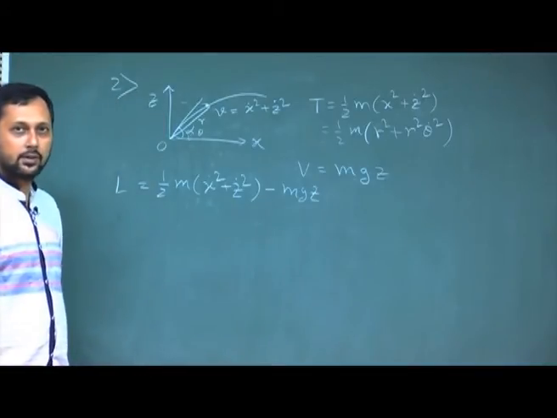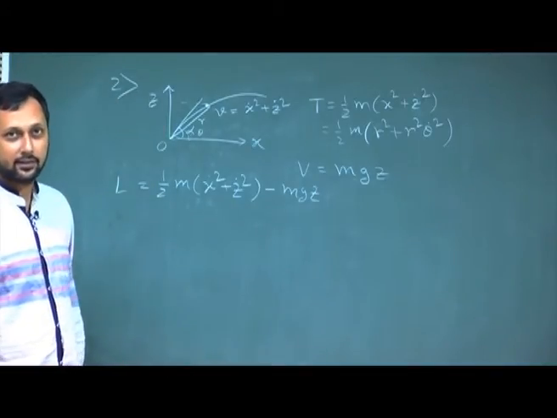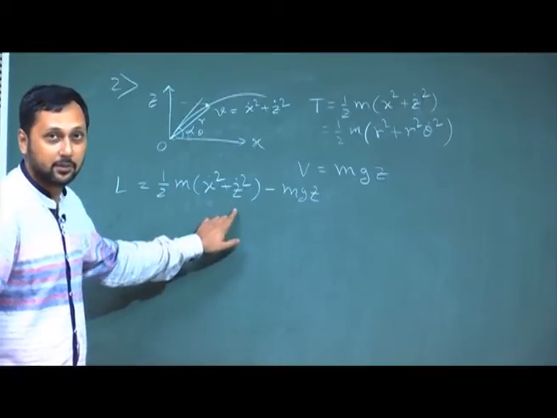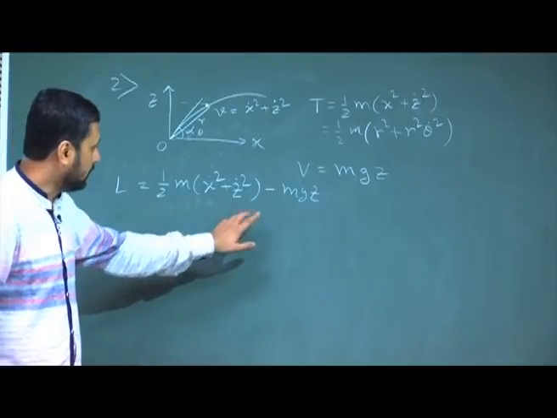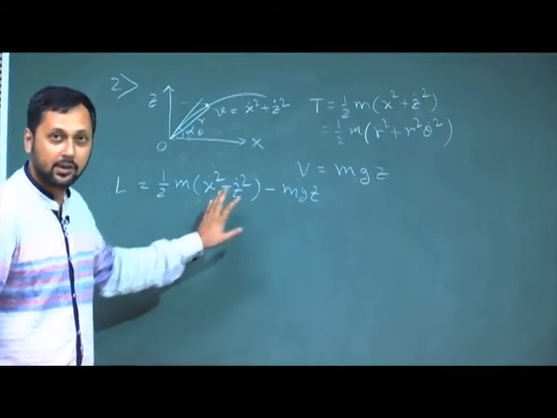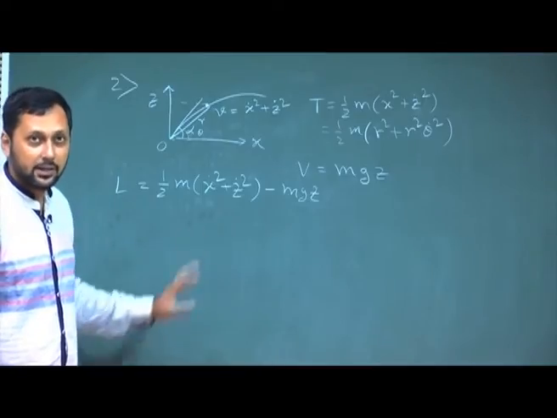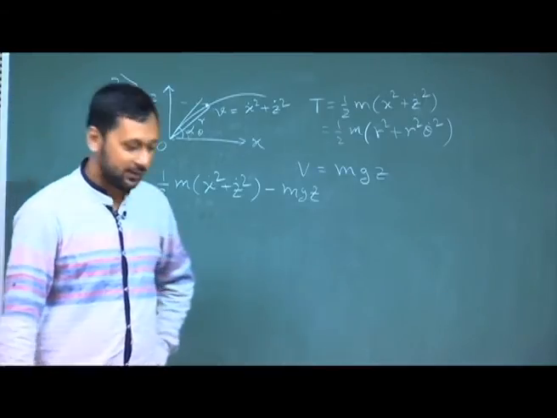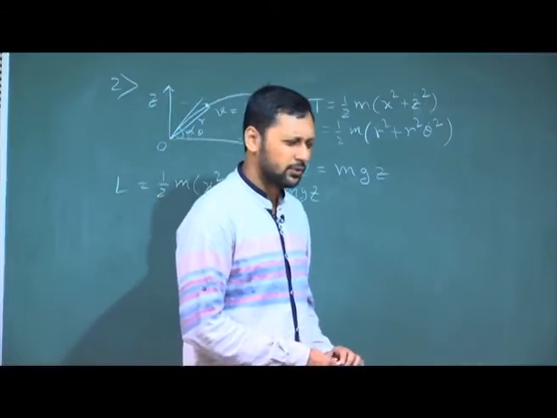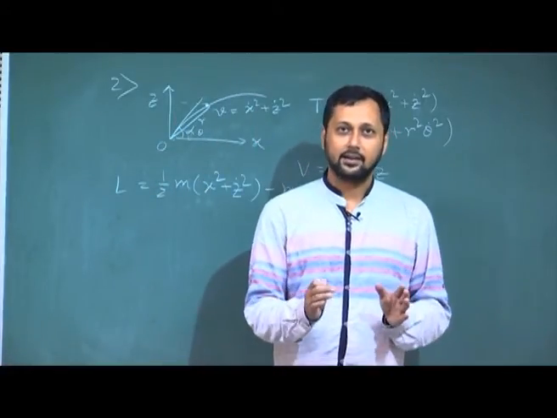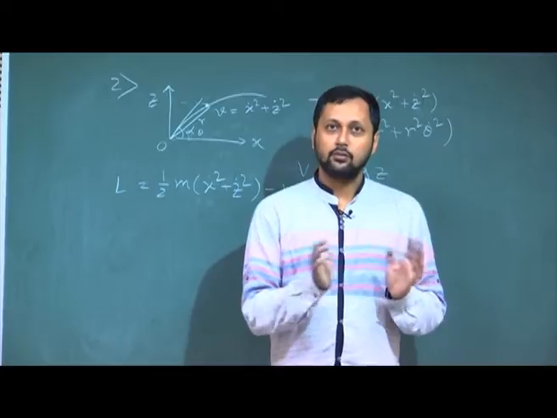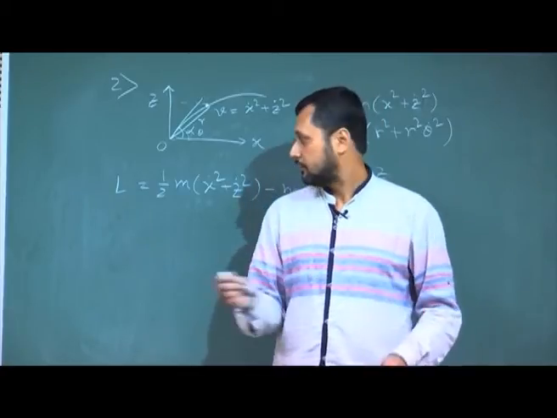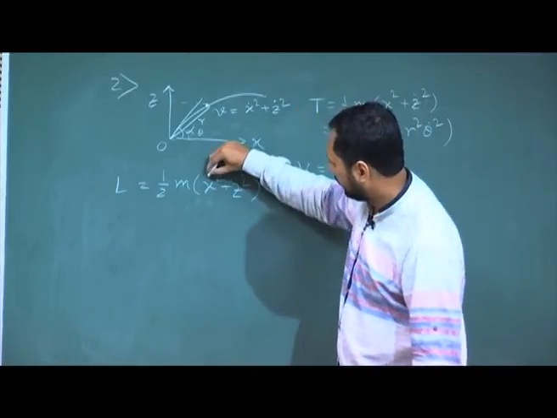Any cyclic coordinate? Yes, x. There is no x explicitly in this expression. So, z is not a cyclic coordinate, but x is a cyclic coordinate. Typically, kinetic energy, in most common cases, has only velocities. Here we have x dots and z dots.